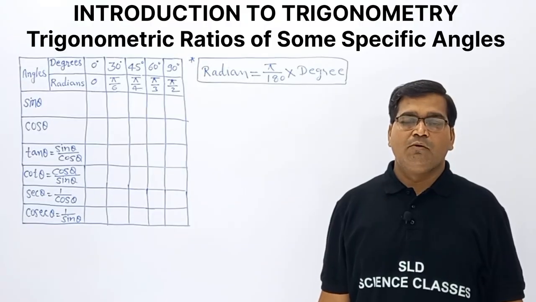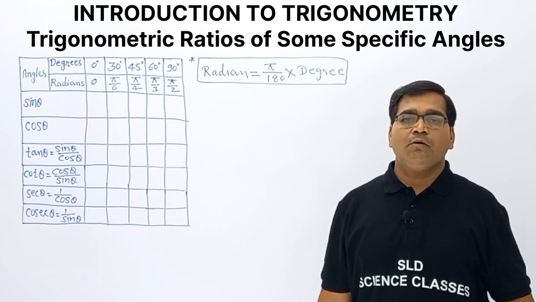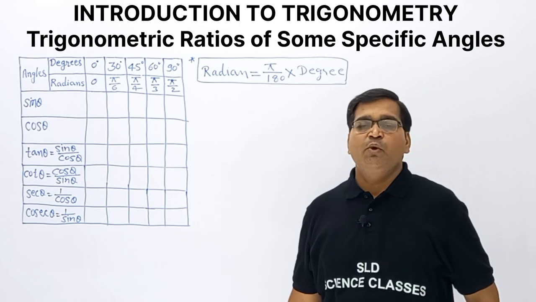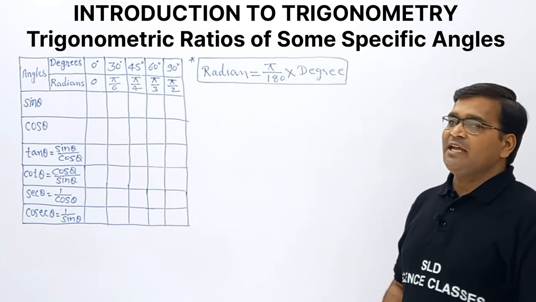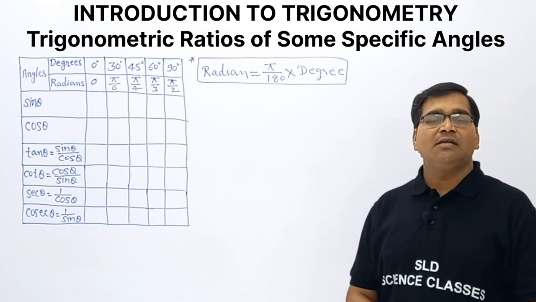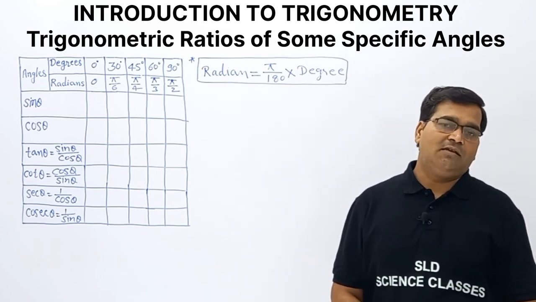In this video, we will discuss trigonometric ratios of some specific angles. We have 5 specific angles in our syllabus: 0 degree, 30 degree, 45 degree, 60 degree and 90 degree.